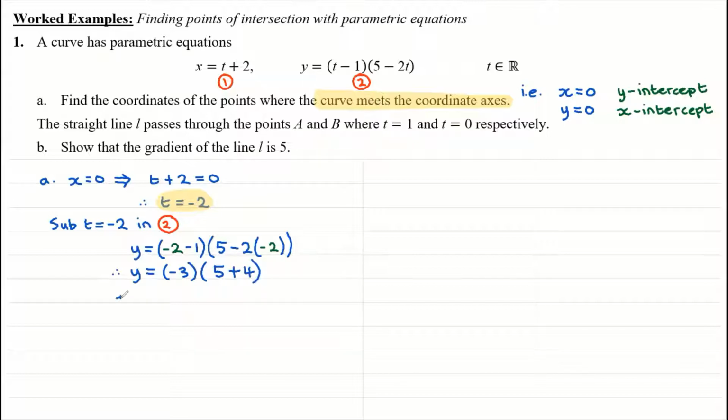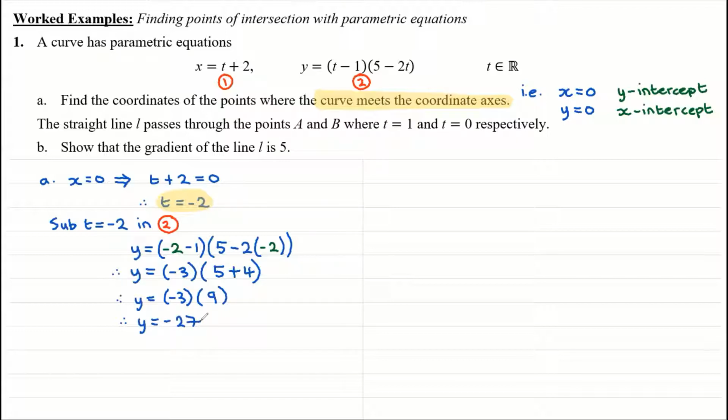So therefore y is going to equal negative 3 multiplied by 5 plus 4, which is of course 9. So therefore the y value at the intercept is going to be negative 3 lots of 9, so that's minus 27.